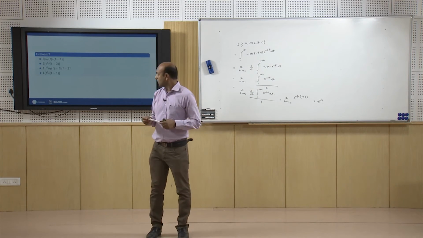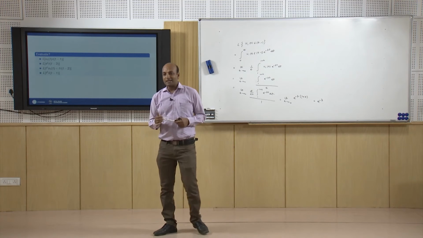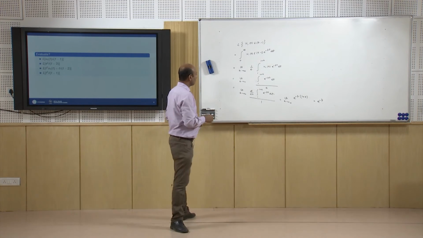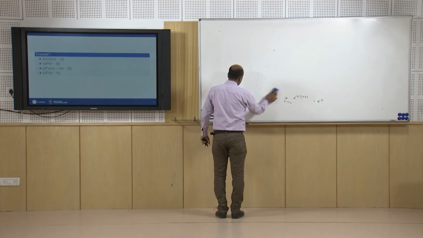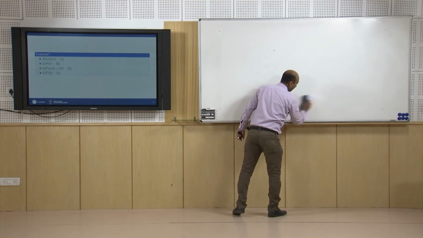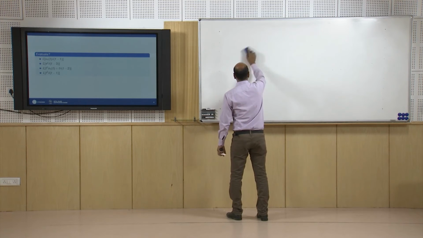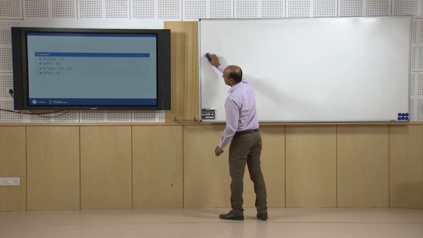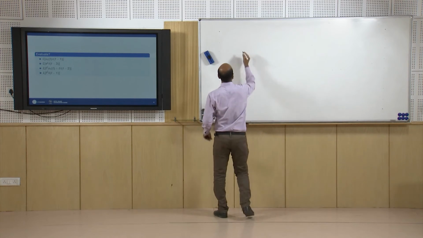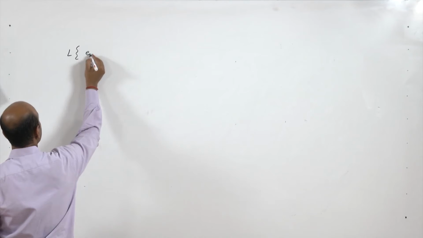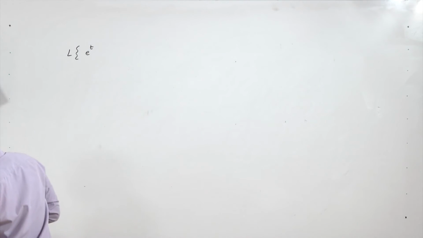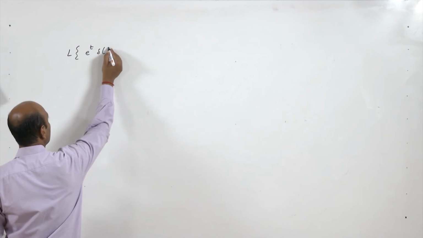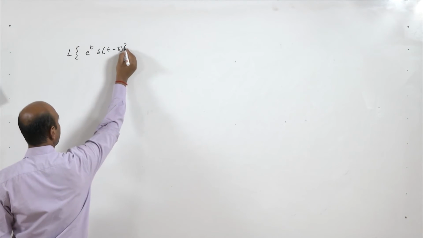Now, let us compute the Laplace transform of the second problem. It is again on the Dirac delta function. The second problem has e power t involved in it. So, it is the Laplace transform of e power t into Dirac delta at a equal to 3.